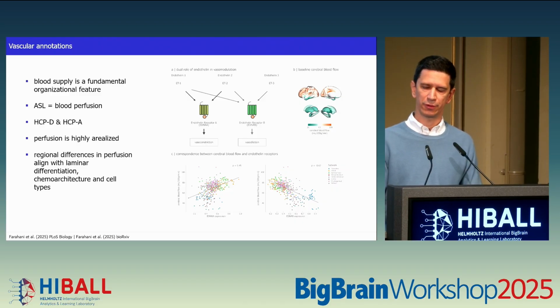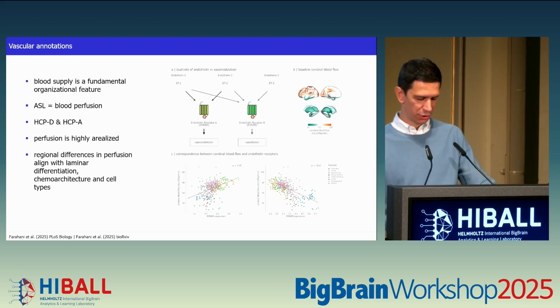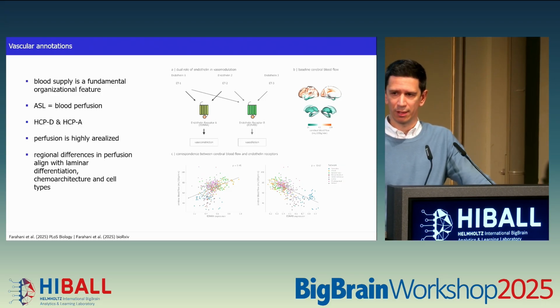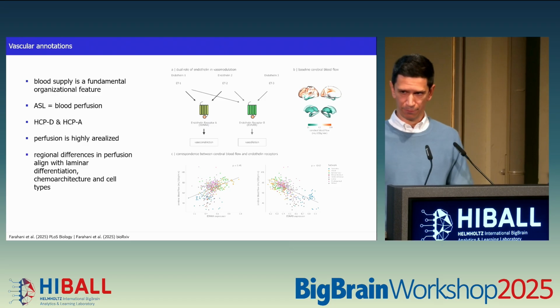Again, in the spirit of querying how different systems are related, in the neuropeptide data that I just showed you, we actually have two receptors that are known to modulate vasoconstriction and vasodilation, endothelin receptor A and endothelin receptor B. And so one is kind of like a low-pass brake, the other one a high-pass brake for blood flow.